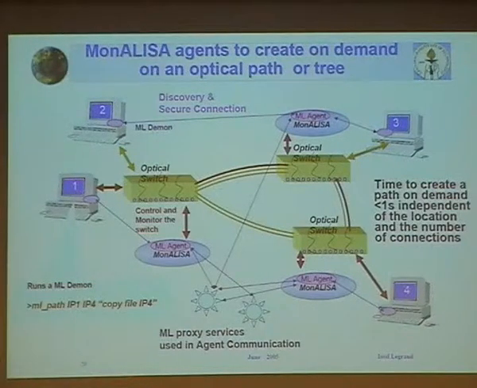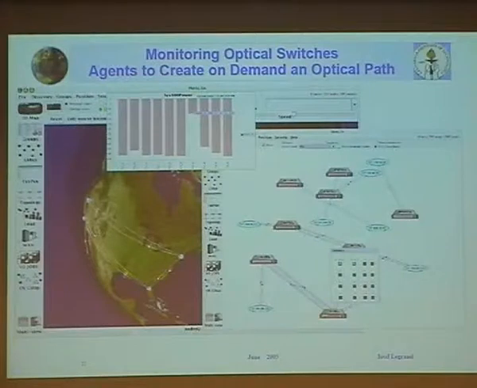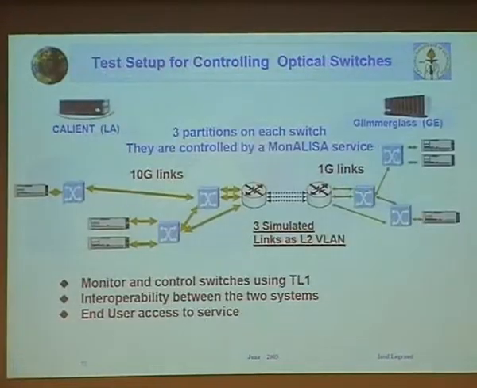So the key in realizing this routing protocol is this distributed agent system. And as I said, they communicate between them using these proxy services. So practically our aim is to create dynamically an optical path from the end user. This is an example of how we use the system to monitor the connections and the traffic in optical networks.